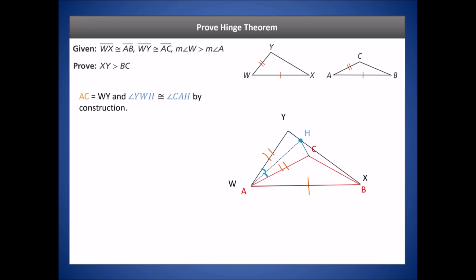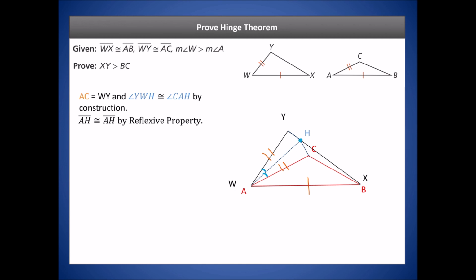All right, so we know that AC is equal to WY, because of the triangles that are given, and I constructed it so. And because I was drawing an angle bisector, that means that angle YWH is congruent to angle CAH, which are the blue angles that I just mentioned here. By construction, those are the same because I constructed an angle bisector.